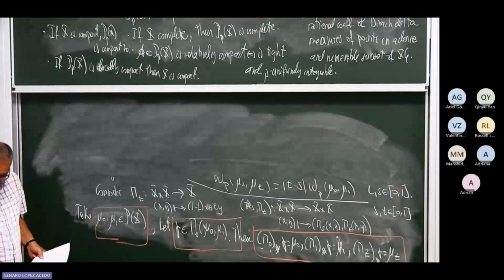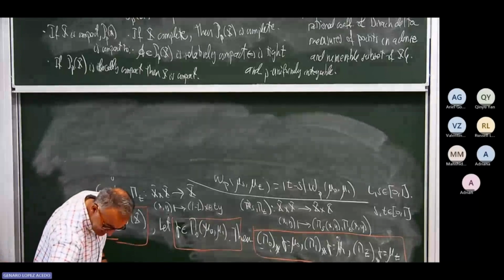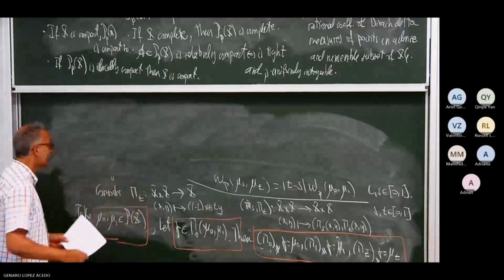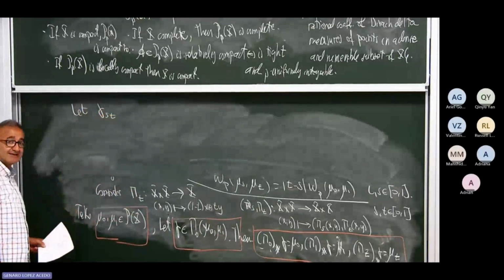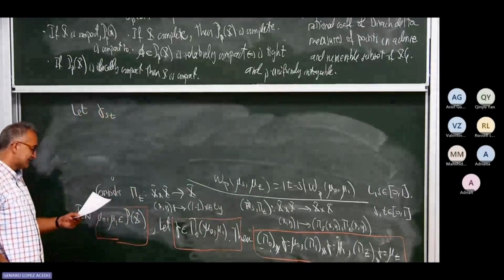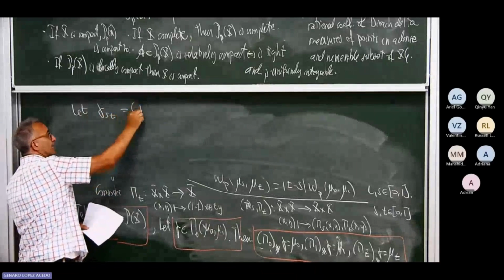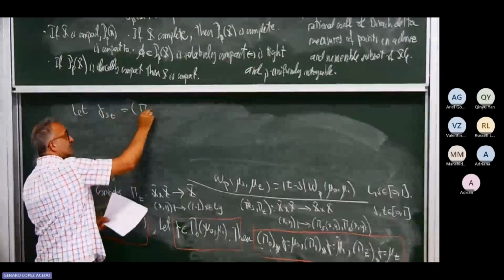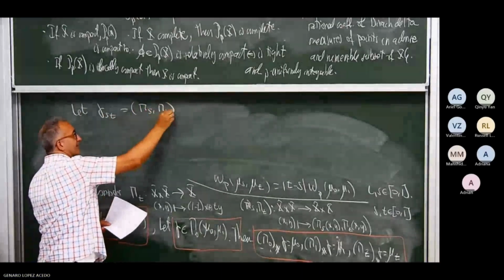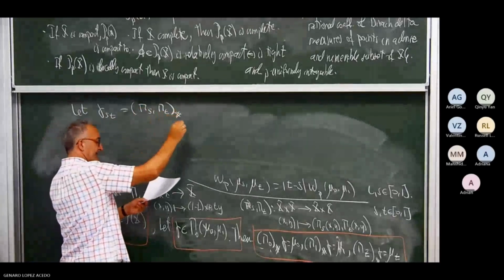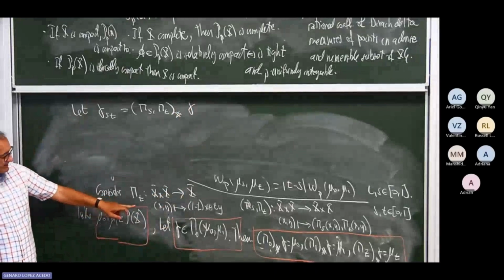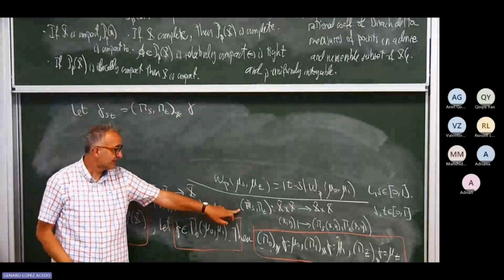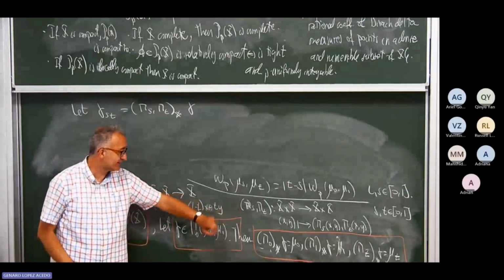So now we say, for s and t in the interval [0, 1], let gamma_st equal the push forward measure of gamma under the pair of mappings P_s, P_t.